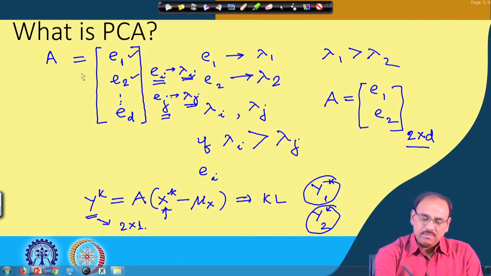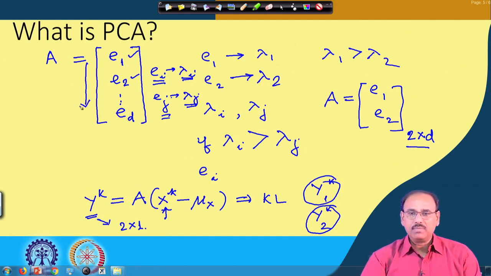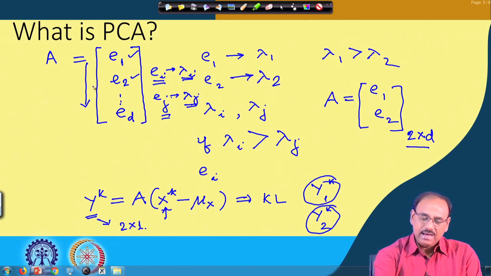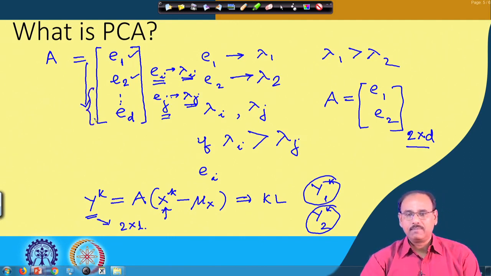And arranging the transformation matrix A in this form, that is arranging the rows as eigenvectors in descending order of corresponding eigenvalues, ensures that the error that you encounter by truncating some of the rows from the lower side will be minimum.